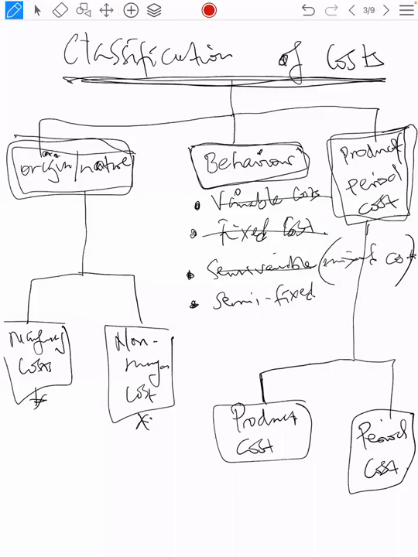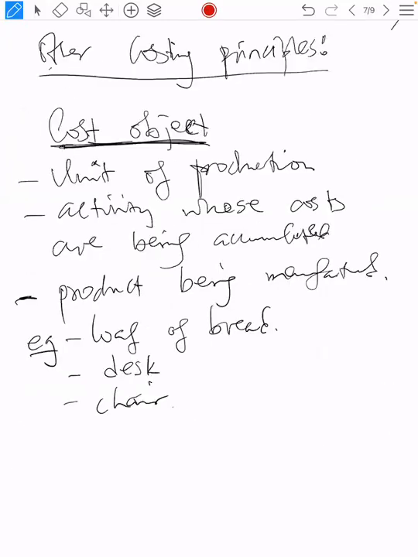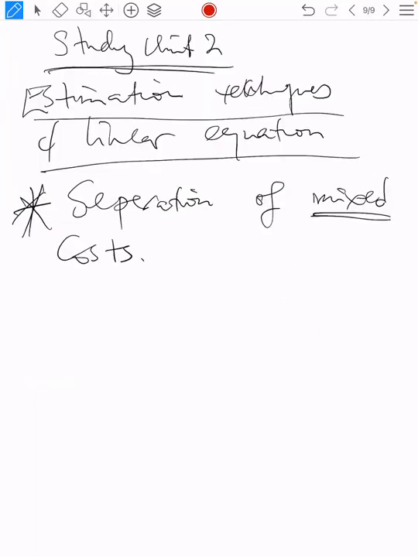So in learning unit number 2, if you are given a mixed cost and we are required to calculate or to dichotomize it into the variable element and the fixed element, you should be in a position to do so as a costing student. There are some techniques that are used to separate our mixed costs. So let's have that one down.